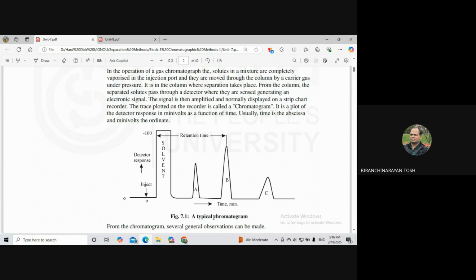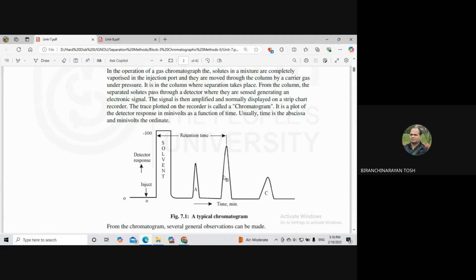The retention time for solute A is depicted in the figure as the distance from the point of injection to the maxima at A. So from here to here, this is the injection point, then this one. Similarly, for B it will be TRB and for C it is TRC.